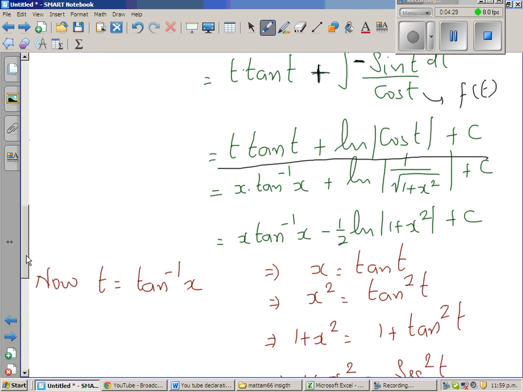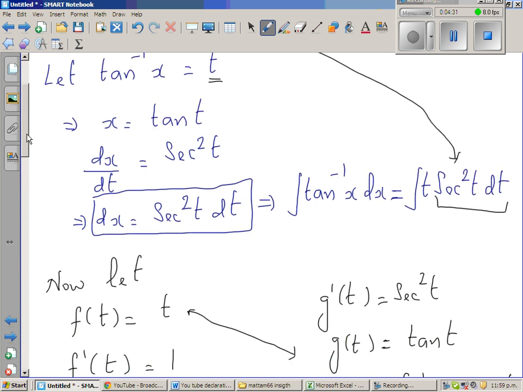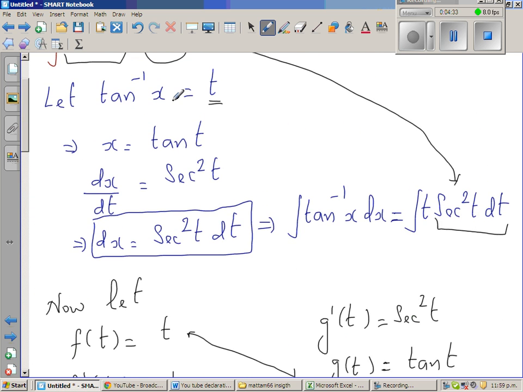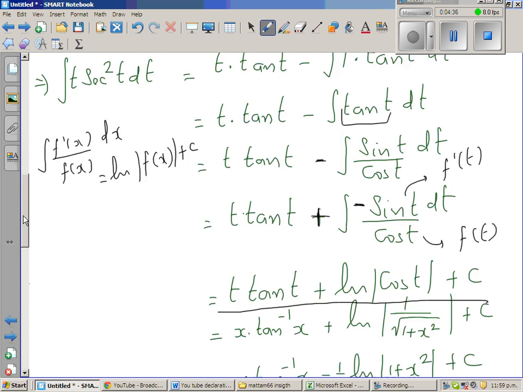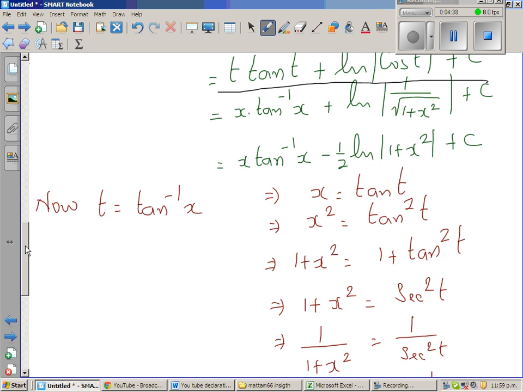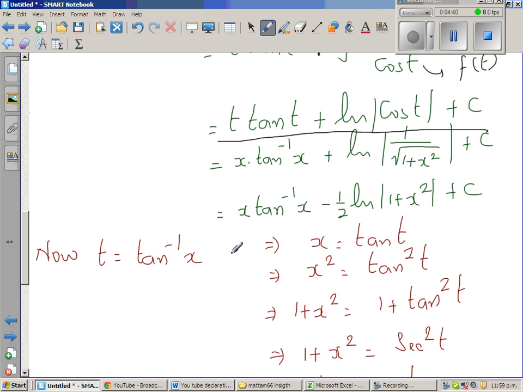We started with t is tan inverse of x. If t is tan inverse of x, from this we can say x is tan t. So x squared is tan squared t, and I'm adding 1 to both sides. So 1 plus x squared is 1 plus tan squared t, and 1 plus tan squared is sec squared.